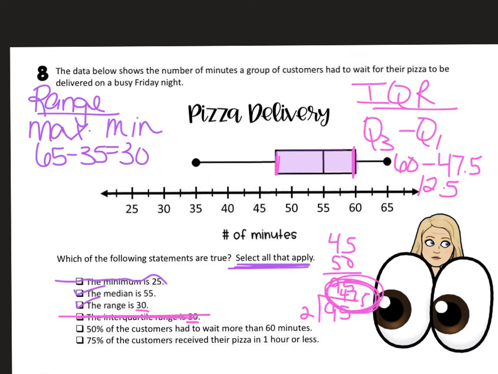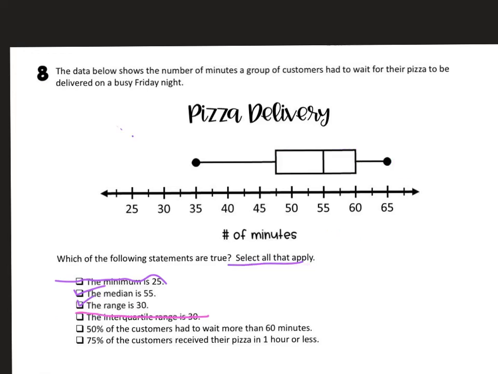The next one, 50% of the customers had to wait more than 60 minutes. Let me just clear that out for you there. All right, so more than 60 minutes, well, that would be greater than this. The question is, from 60 to the end, or 60 to 65, is that 50% or more of the customers?